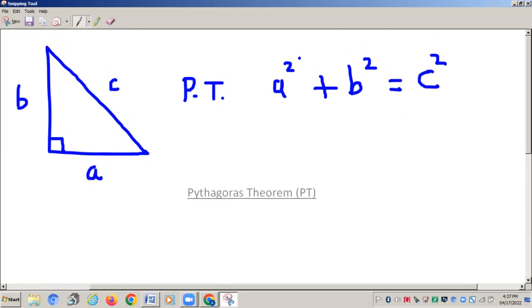Let me give an example of how to use Pythagoras. Any questions, by the way? Not yet? All right. Let me give an example.